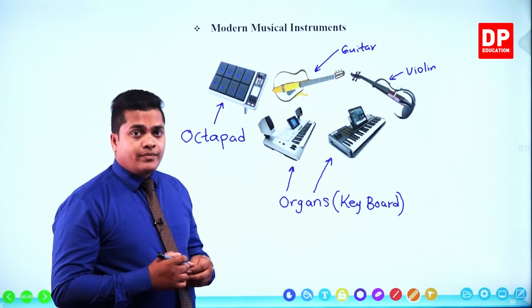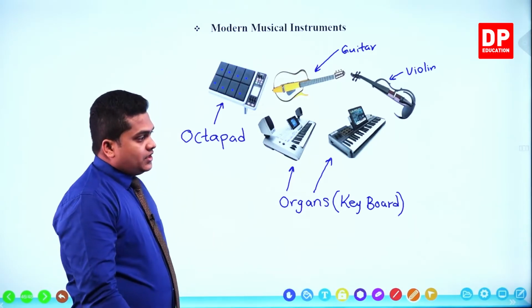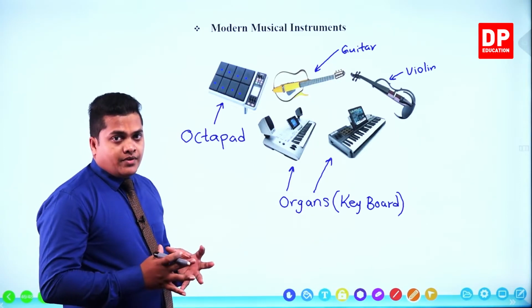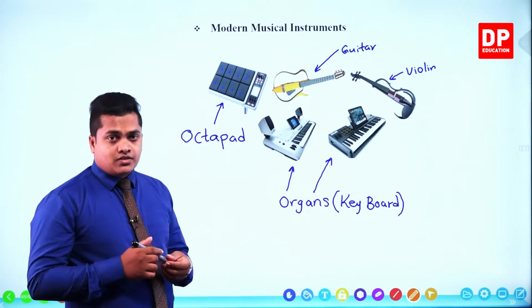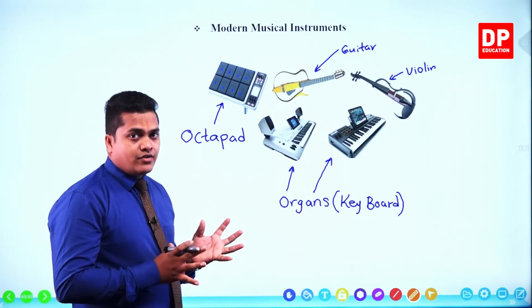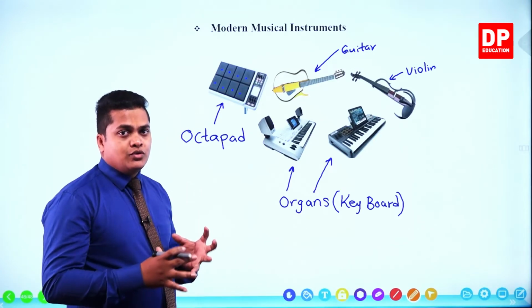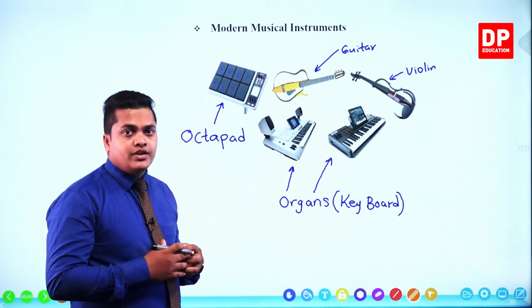This Octa Pad is a most common one, right? Octa Pad is also going to emit different kinds of sounds, as it has electronic systems. That electronic system can be used to vary the sound in the Octa Pad.